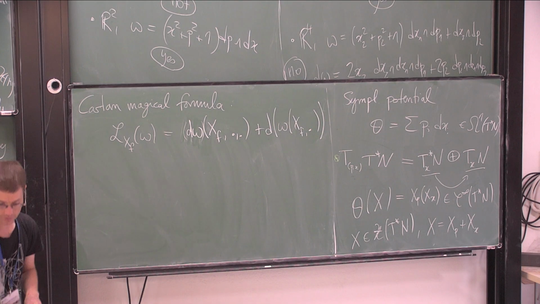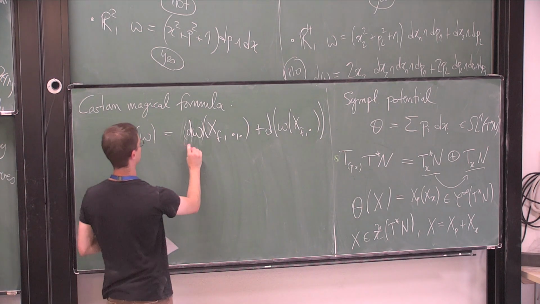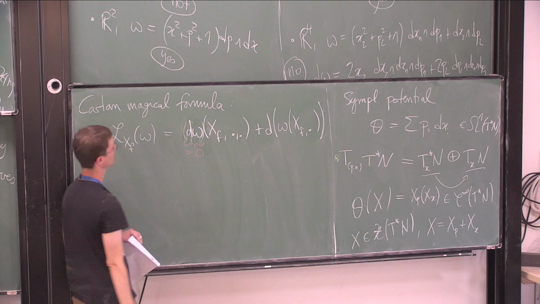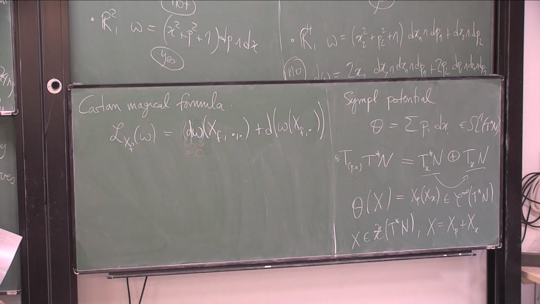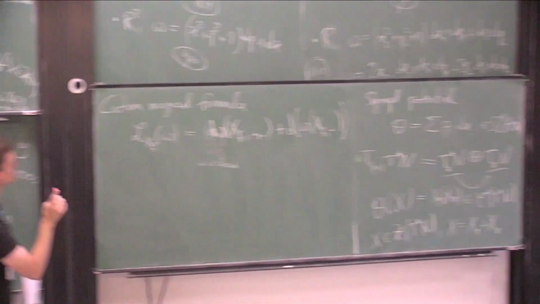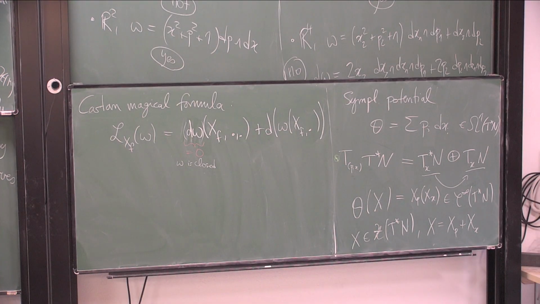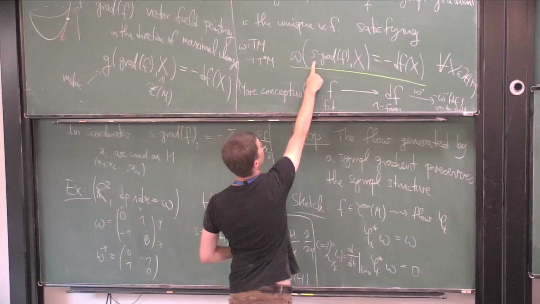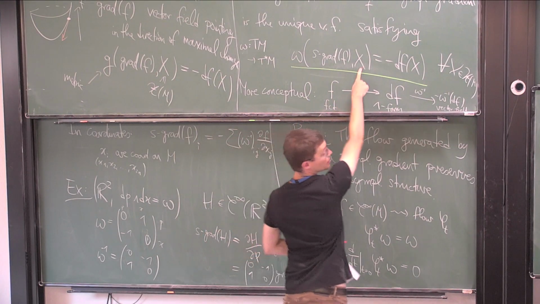Well, and now what happens? Well, this is 0 because omega is closed. And what happens with this? X_f is the symplectic gradient. So you have omega of the symplectic gradient and something.